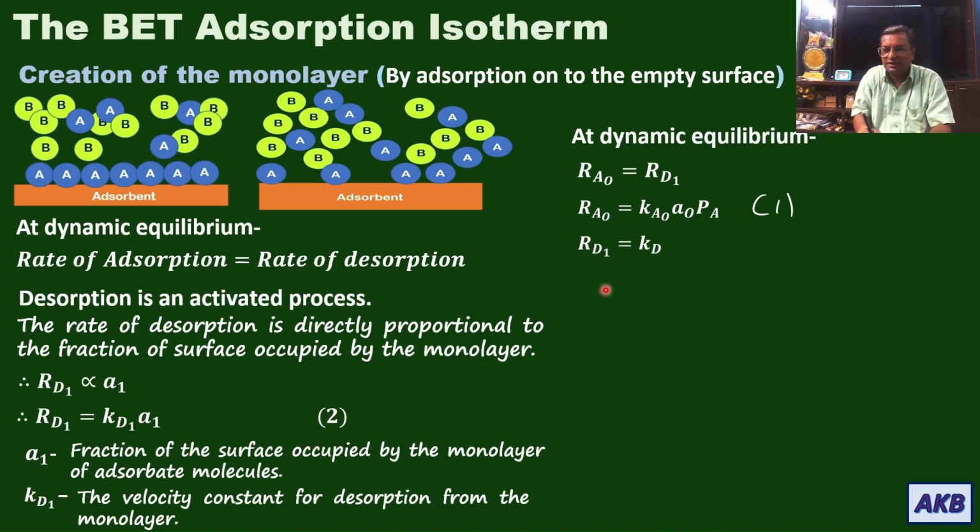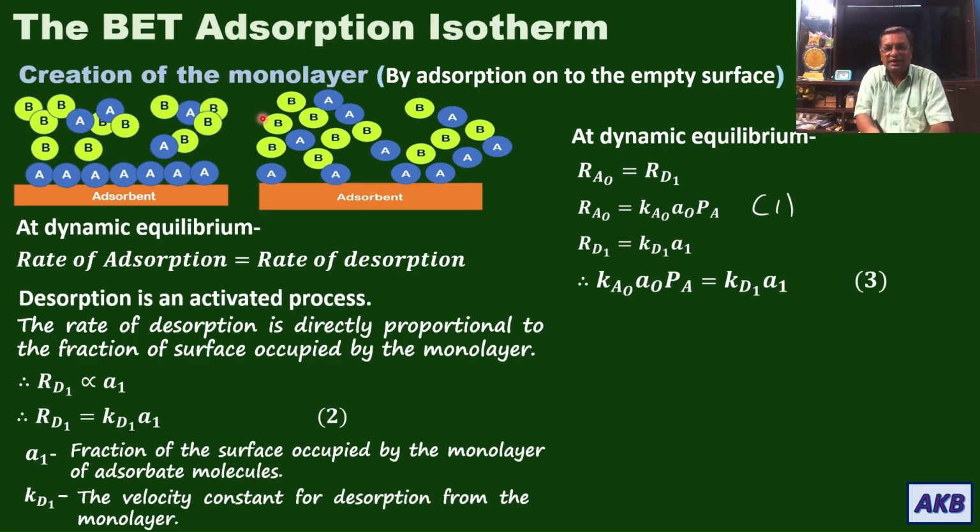Rd1 in this case is Kd1 into A1. And at equilibrium, Ra naught is equal to Rd1. That is Ka naught into A naught into Pa is equal to Kd1 into A1. I am going to call this equation number 3.